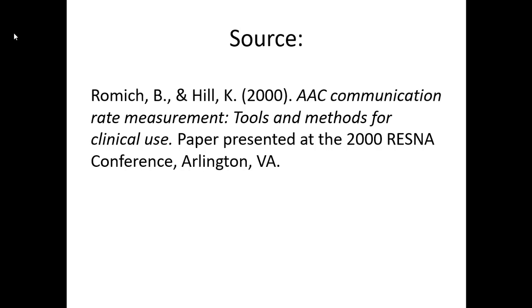So you'll see that the computational formula for measuring average communication rate in clients who speak verbally is very similar to the computational formula for measuring average communication rate in clients who use AAC, and there is only a small adjustment that is made to address a specific challenge.